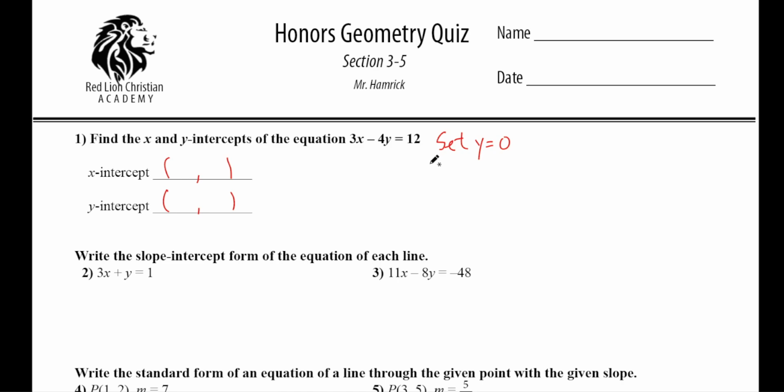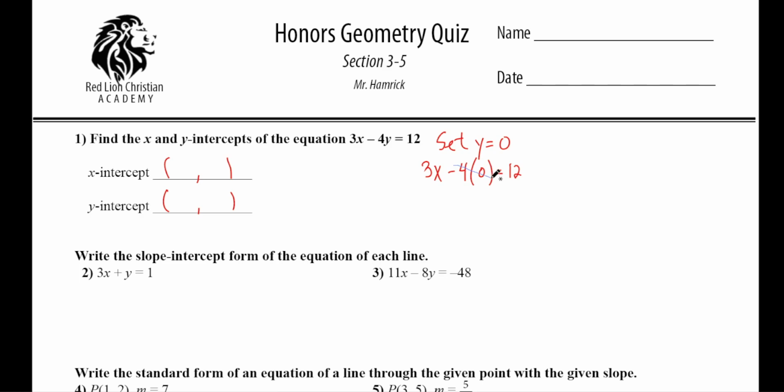So I've got 3x minus 4 times 0 equals 12. All I did was rewrite this equation, but instead of putting a y, I put a 0 in for the y. So let's do our math. It's not that difficult at all. Basically, 1 step. It's kind of 2 steps, but really it's 1 step. What's going to happen to this? This is the step that's really not a step. Minus 4 times 0.